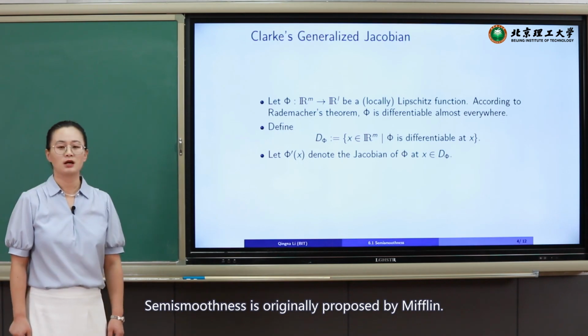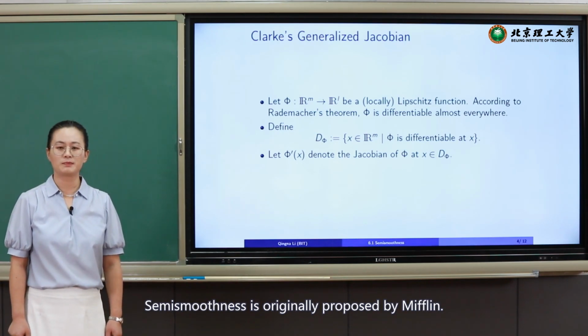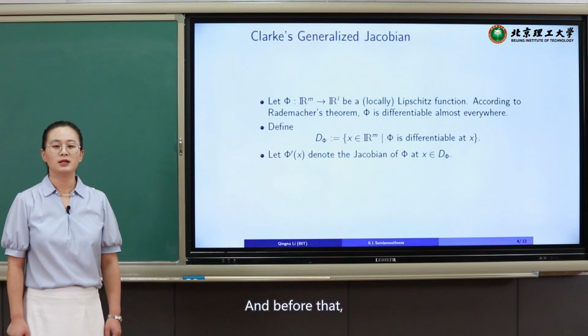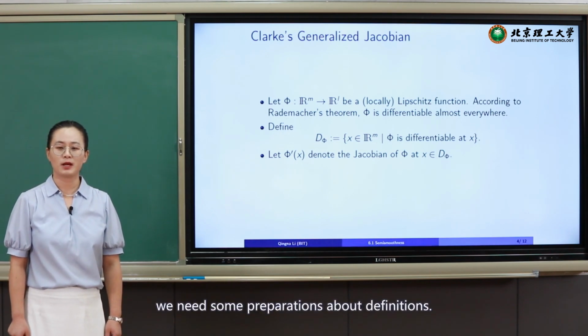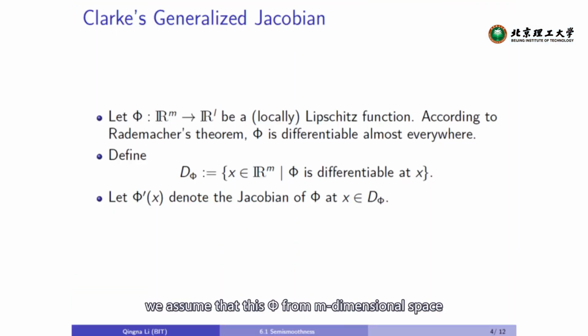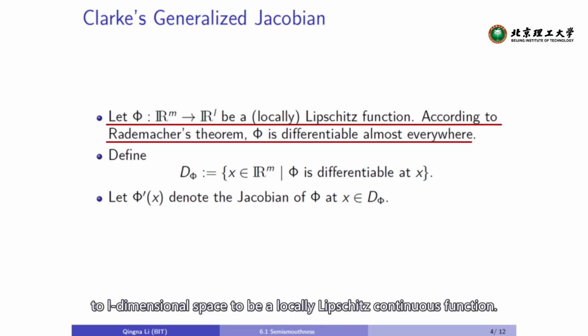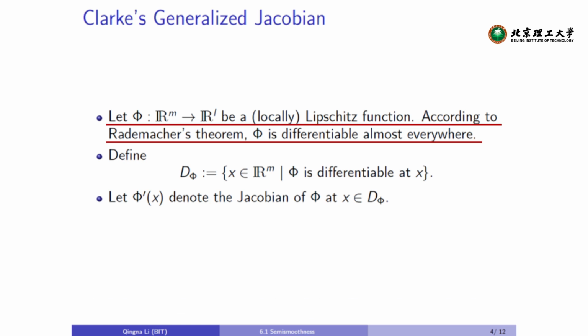Semi-smoothness was originally proposed by Mifflin, and before that, we need some preparations about definitions. For example, we assume that phi from m-dimensional space to l-dimensional space is a locally Lipschitz continuous function. And according to Rademacher's theorem, phi is differentiable almost everywhere.